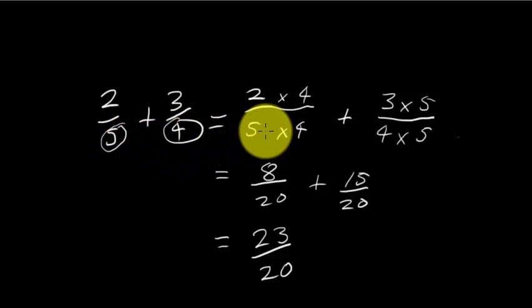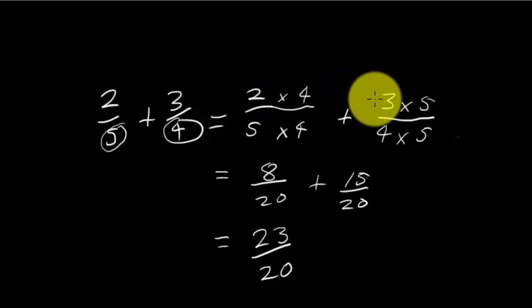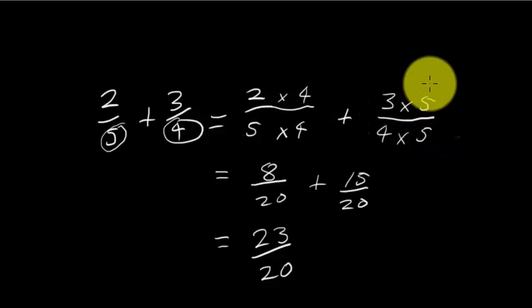So we could simply times 5 by 4 to get to 20 for the first fraction, but we also have to times the numerator by the same amount. So times that by 4 as well. Then we went to 3/4, to get to 20 for the denominator, times 4 by 5 to get to 20, and also have to times 3 by 5 as well.